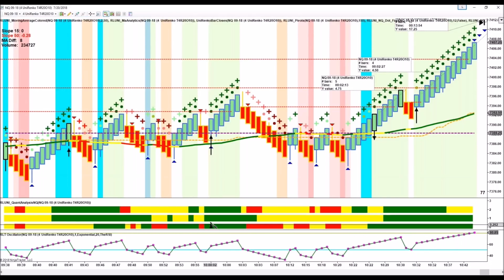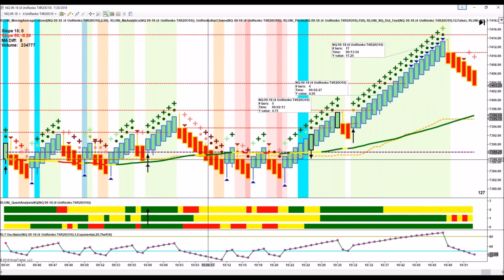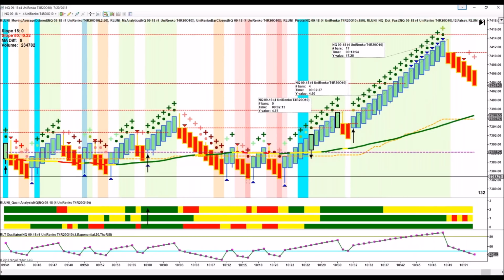When you got that dual confirmation right here, up it went. And it was a winner. Look what happens on these short trades. No go, no go, no go, no go. Here, no go, no go. Very, very easy to sidestep because the intermediate quant didn't let you trade.